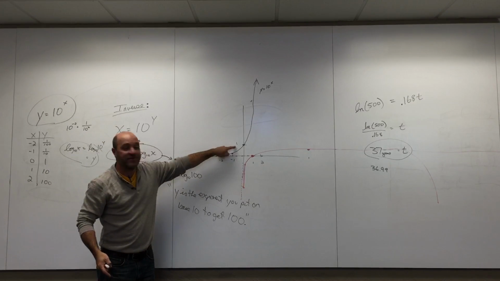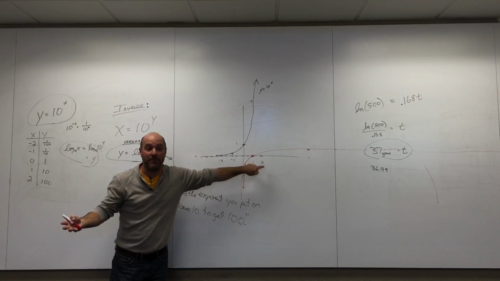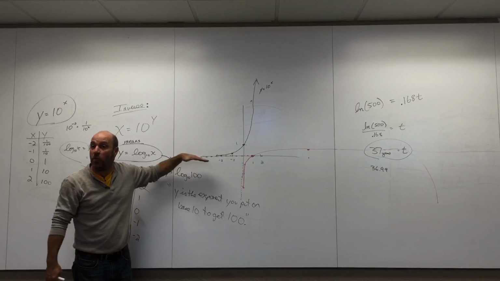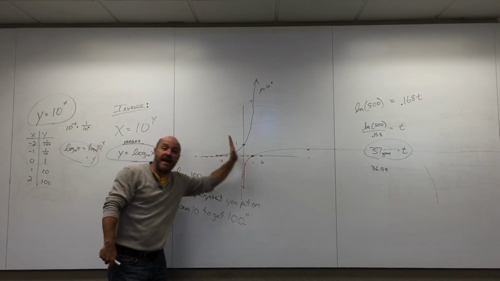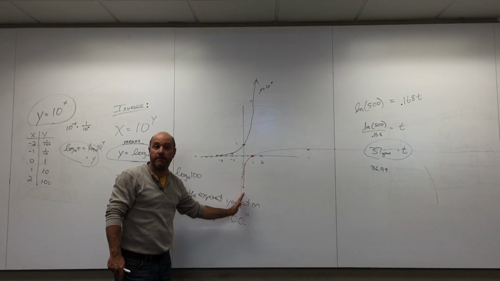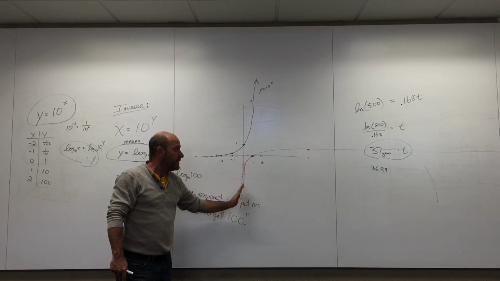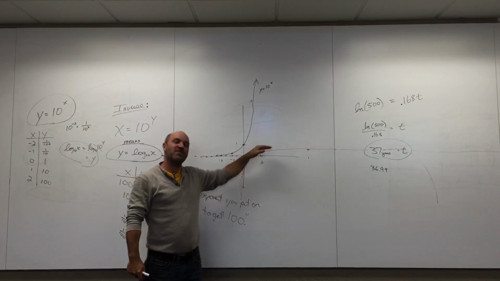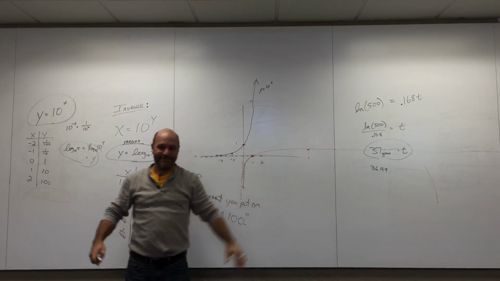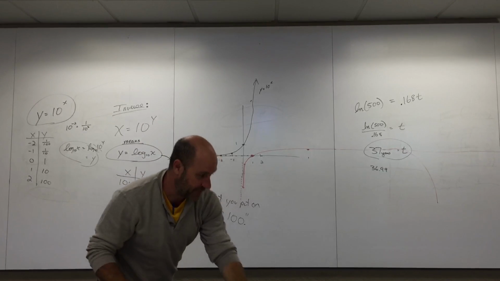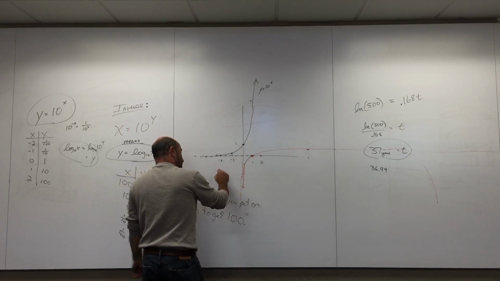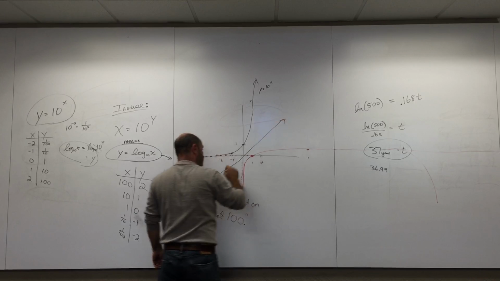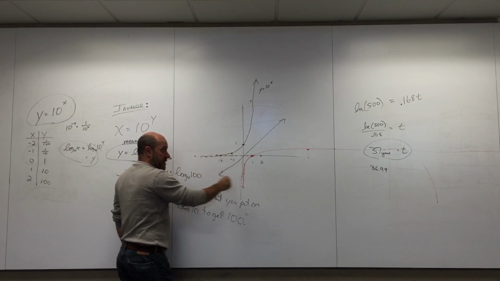This one has a y-intercept of 1. This one has an x-intercept of 1. This one has an asymptote at y equals 0. This has an asymptote at x equals 0. This one increases quite rapidly. This one increases quite slowly. They're inverses of each other. They're the mirror image of each other around this mirror.